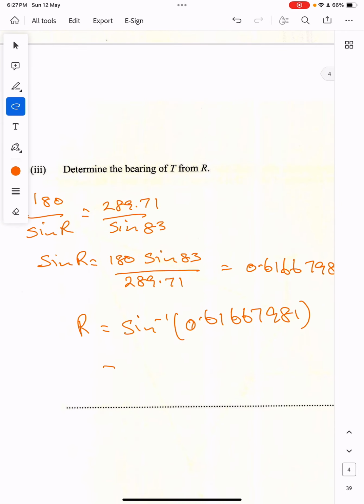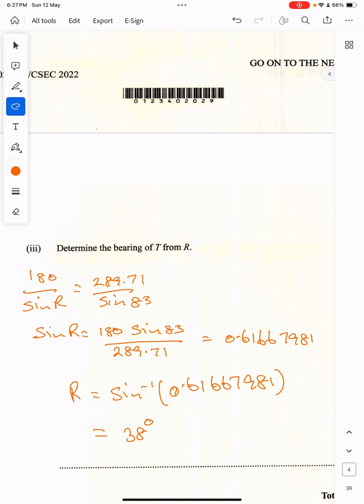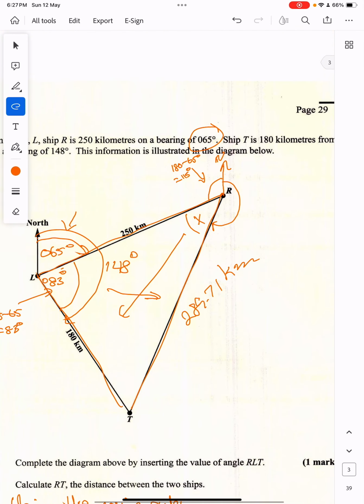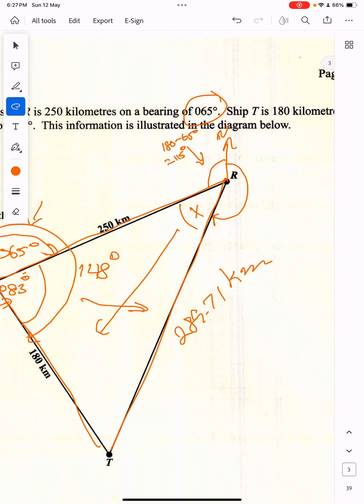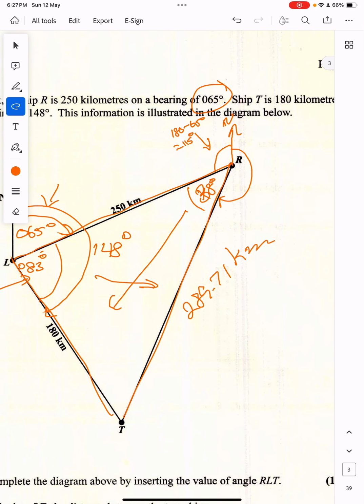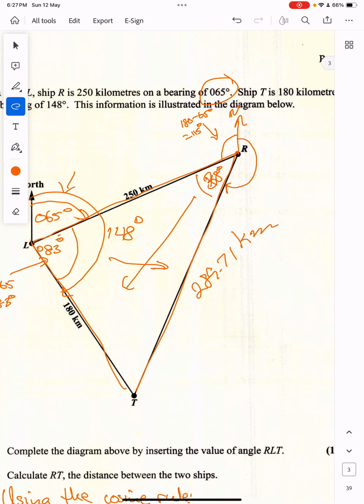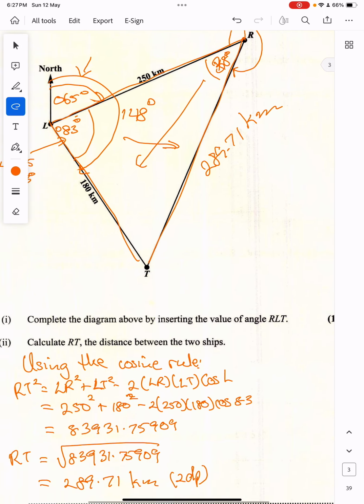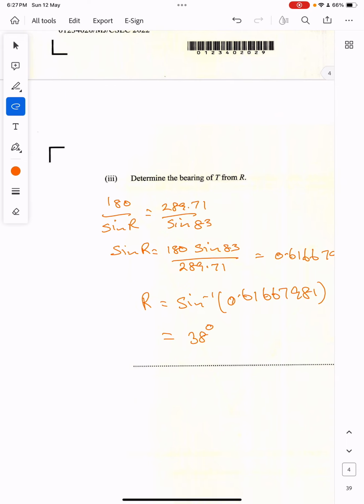And we got our angle at R there is 38 degrees. So we have that here now is 38 degrees. So we've got up above being 115 and here being 38. We can now find out the bearing of T from R.